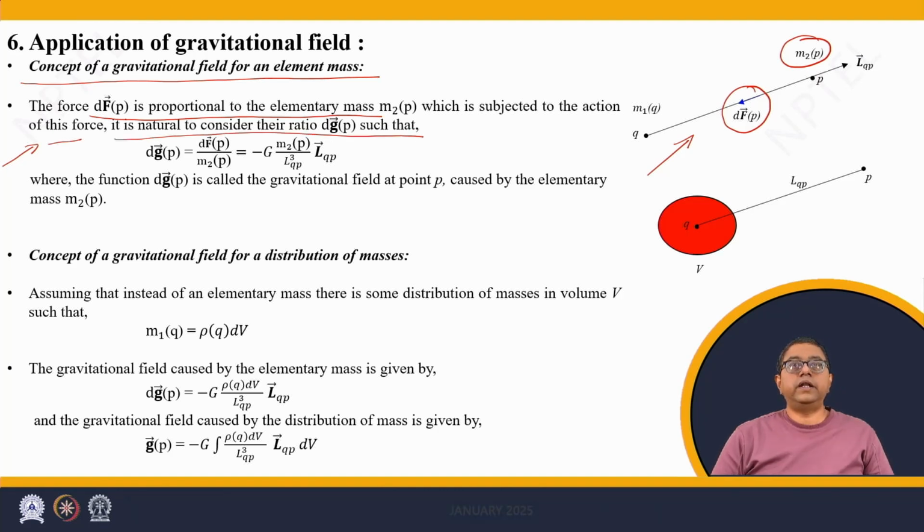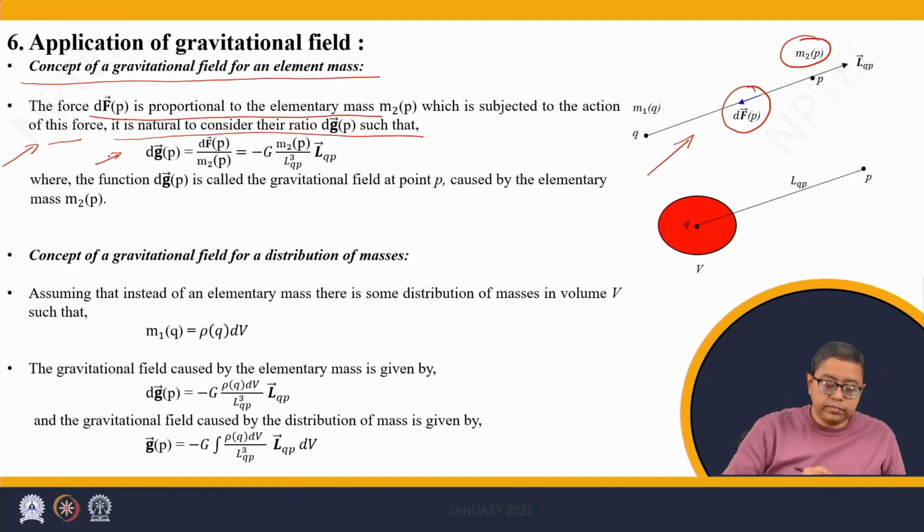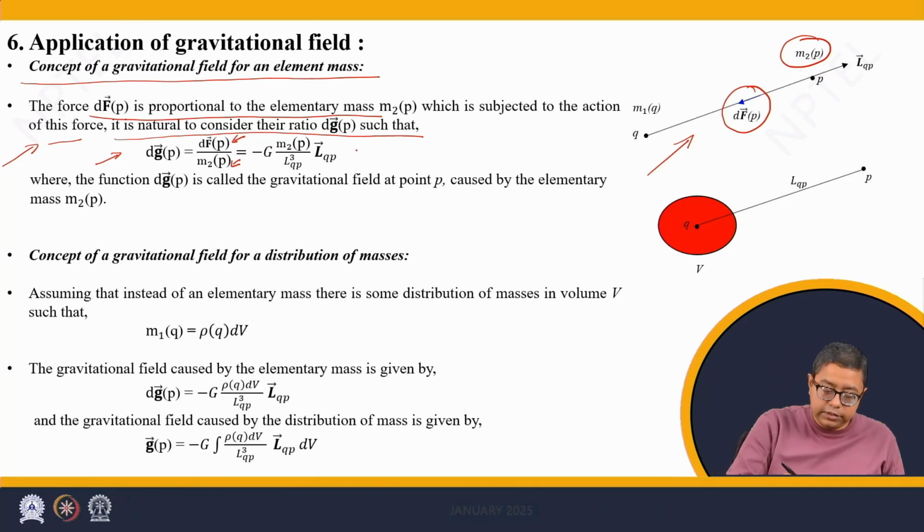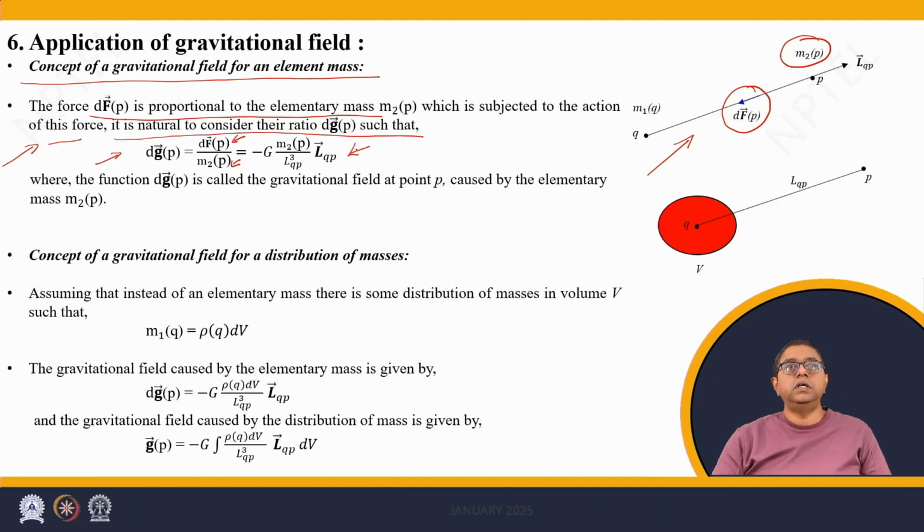Thus we consider the ratio dGp, which is nothing but the gravitational force per unit mass. This is also given by minus G m2p by lqp square, directed along lqp. Thus, the dGp acts somewhat like a potential.